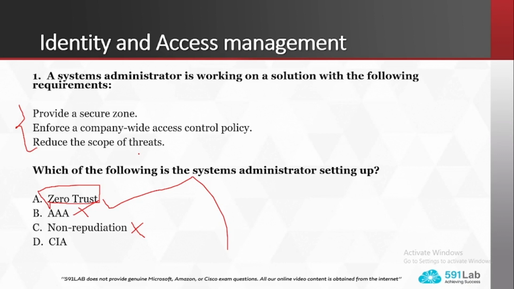So you have to remember that. While zero trust is effective in addressing this specific requirement, it's just one element of a comprehensive security strategy. Implementing additional security measures and best practices alongside zero trust is crucial for a strong organizational security posture.